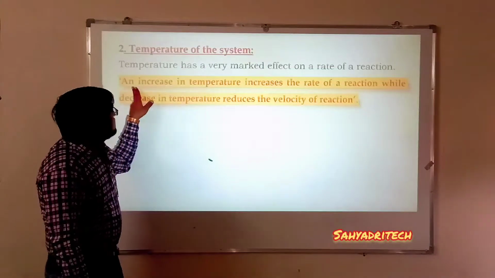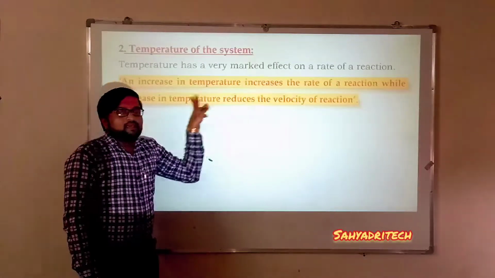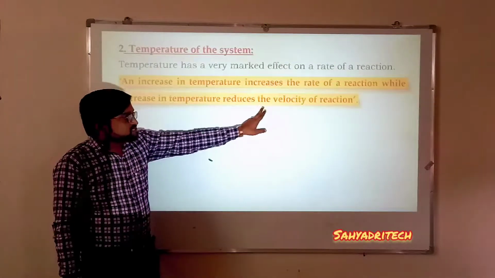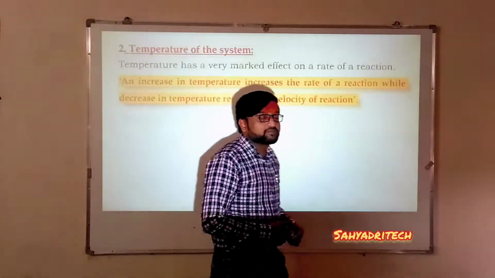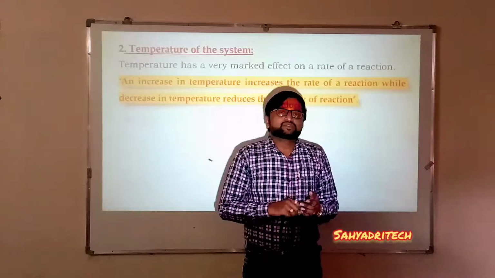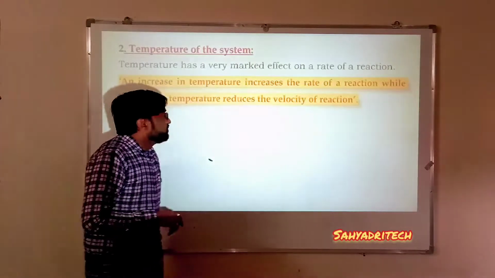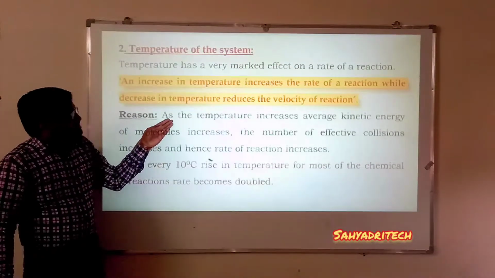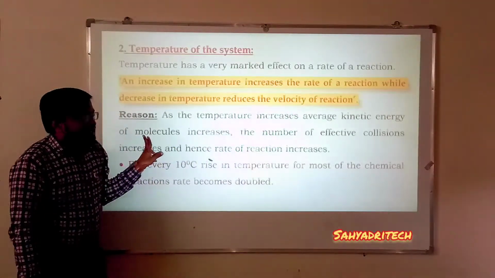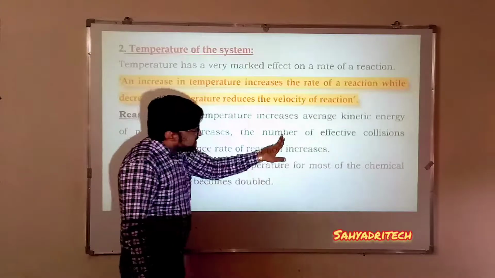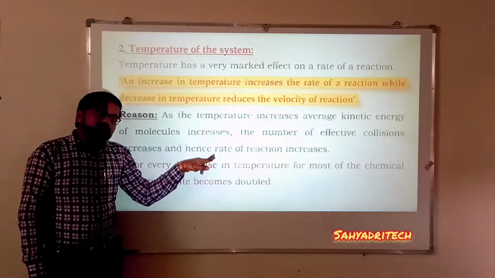An increase in temperature increases the rate of a reaction, while a decrease in temperature decreases or reduces the velocity of a reaction. Like the concentration of reactants, temperature is also directly proportional to the rate of a chemical reaction. Okay, well, the reason: as the temperature increases, what happens? The average kinetic energy of molecules increases. Further, the number of effective collisions increases, hence the rate of a reaction increases.